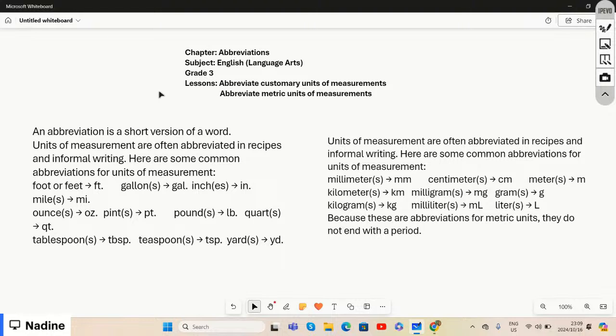And when it comes to abbreviations, right? Abbreviation is a short version of a word. It's like a shorter version of a word. That is abbreviations.